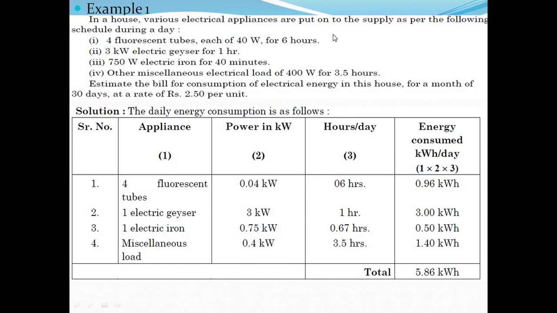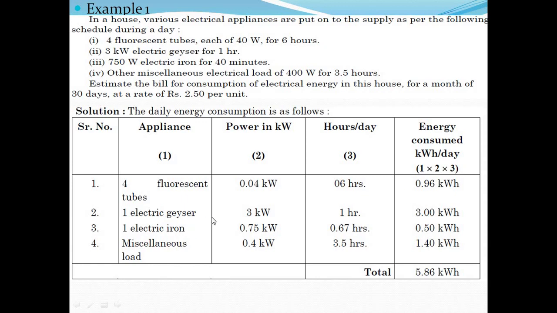So let us say the first load is 4 fluorescent tubes, each of 40 watt, for 6 hours. Here we convert the rating into kilowatt, and the number of hours is 6. So find out the total energy consumption per day.